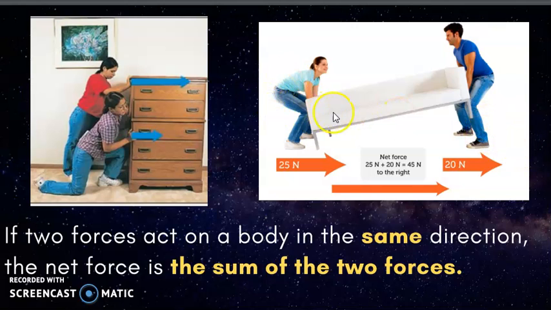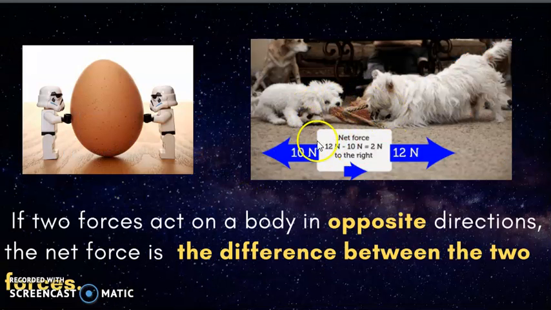If both were moving in opposite directions, what would have happened? Let's see. So what is happening over here? Yes, these dogs are pulling things towards themselves, right? They are going in two different directions, right? When they are going in opposite directions, how will you calculate the force?